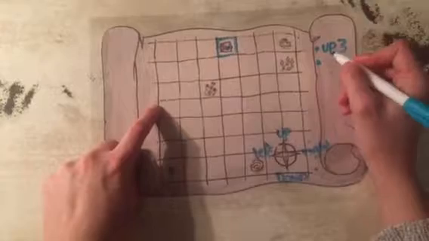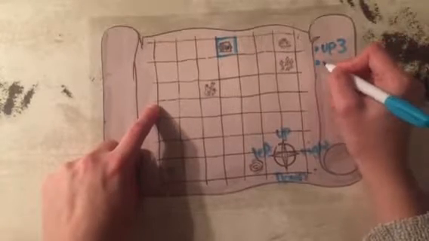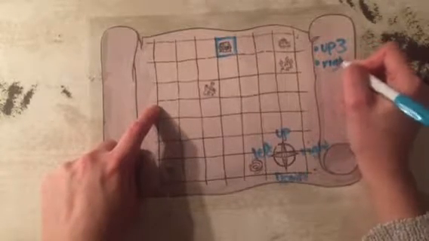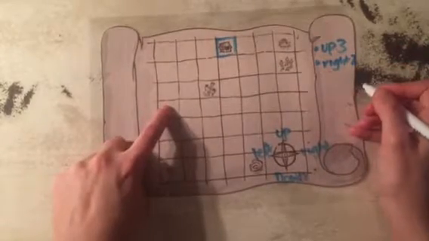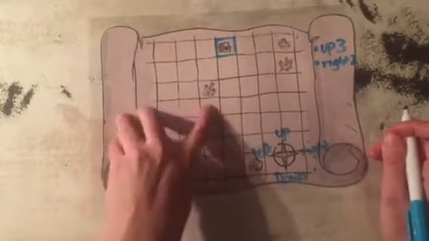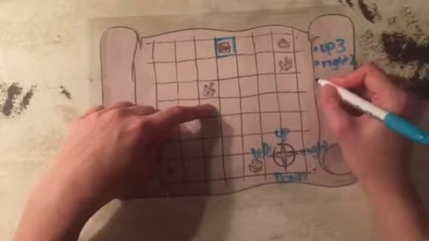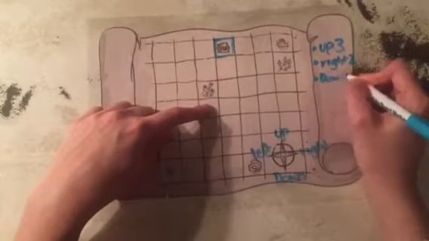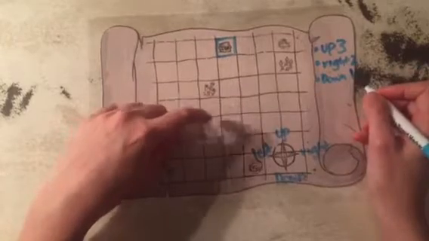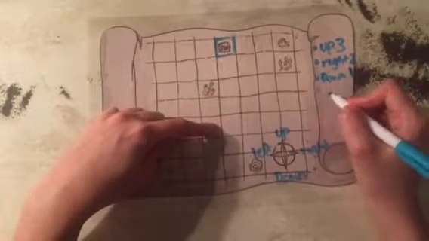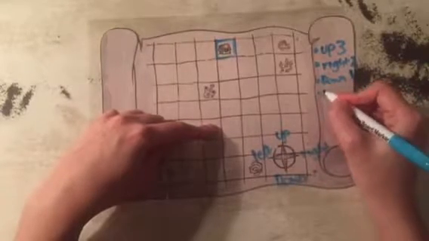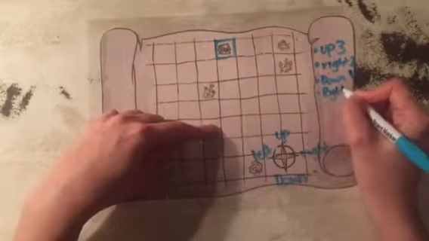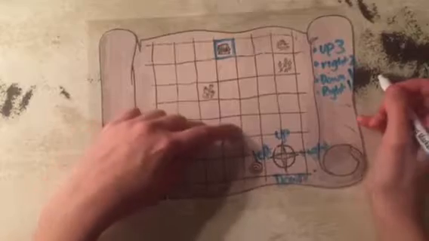So from here, we're going to go not across, but right 2. So not counting the square we're starting on, going across 2. We're going to go down 1. We're going to go right, so not left, but right 1.